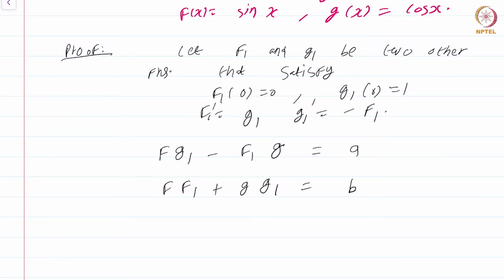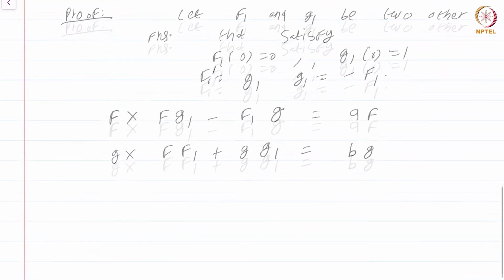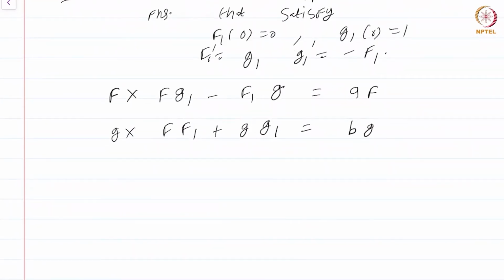Okay. Now what we do is we multiply the first equation by f and the second equation by g, and then we subtract both equations.